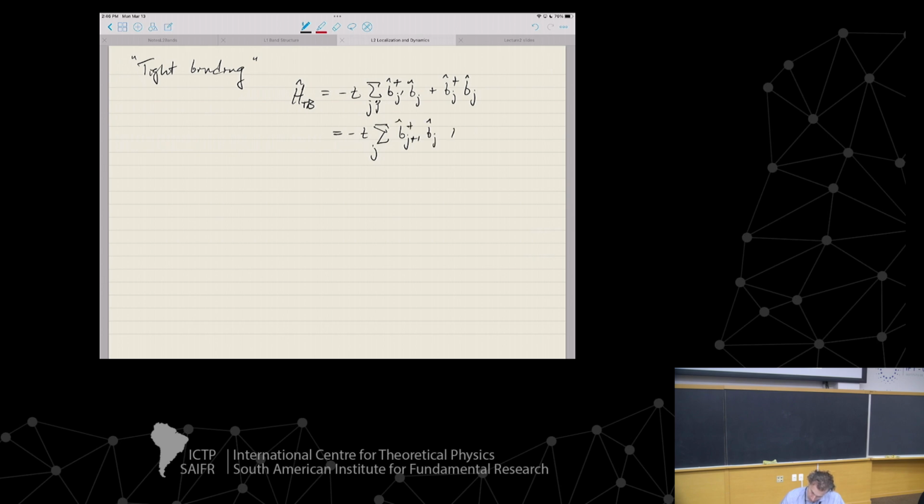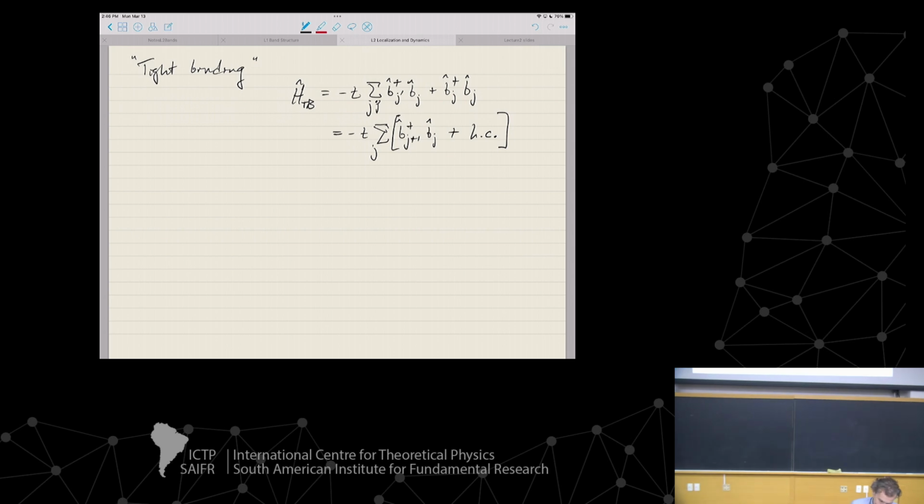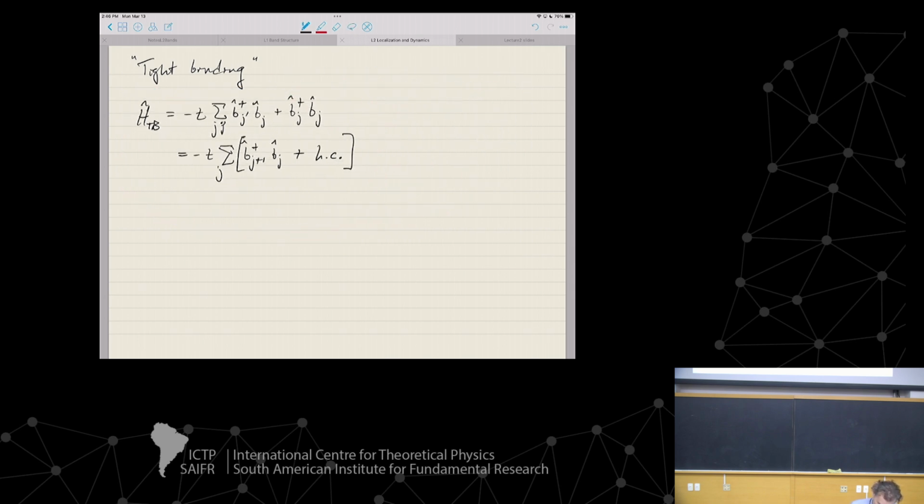And then we could also do the reverse, and I'll write Hermitian conjugate. Okay. So this is the tight binding form. Another thing you might notice about this Hamiltonian is that if I'm just going to move over by one site, and I'm going to do that in every site of the lattice, this is like a shift operator.